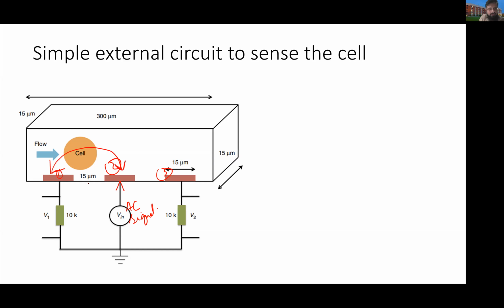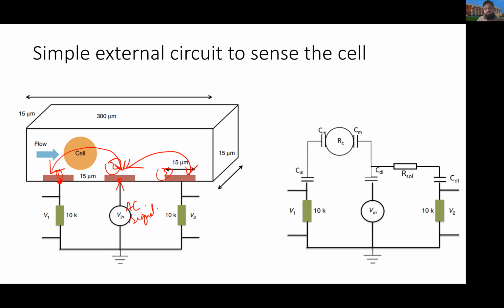So this is the left electrode. We are sensing the impedance, which means it's like a resistance. You are measuring resistance between the left electrode and the middle electrode here, and here you are measuring the resistance between electrode 2 and 3 on the right side. The middle electrode is the input signal, and the outer electrodes sense whether the cell is present or not.